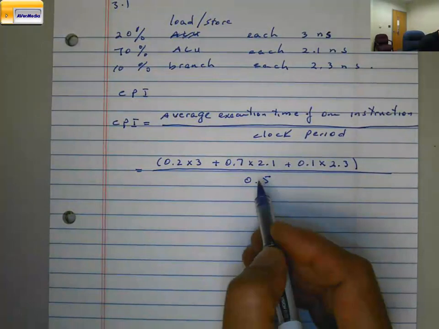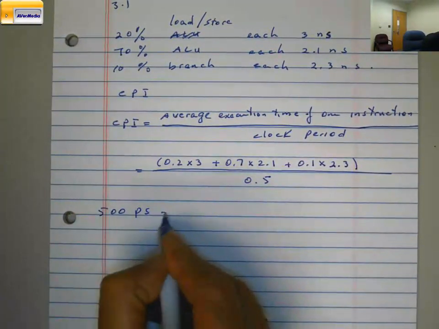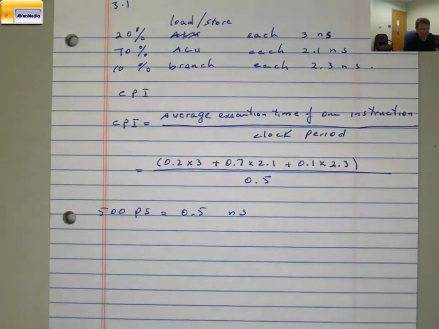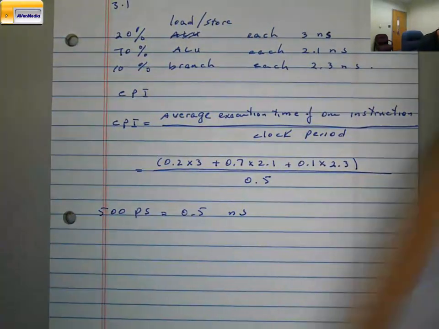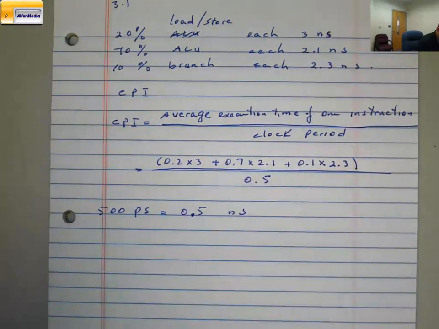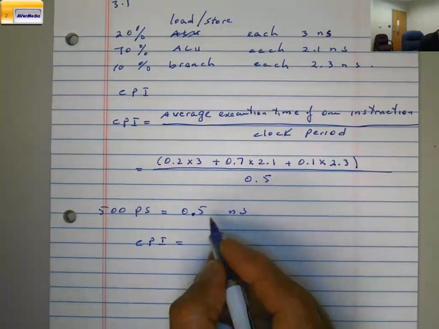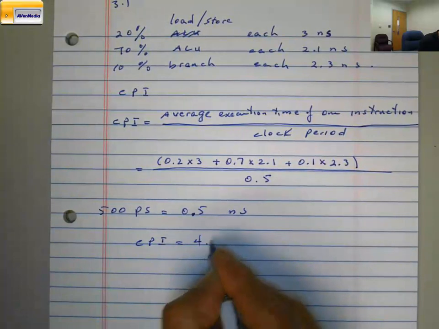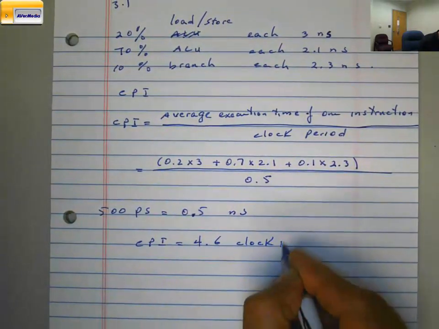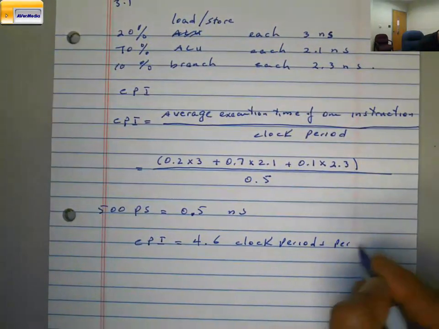I just converted 500 picoseconds to 0.5 nanoseconds; you divide that by 1000, you get this. So CPI is equal to 4.6 clock periods per instruction.